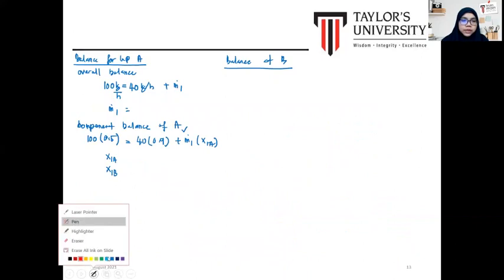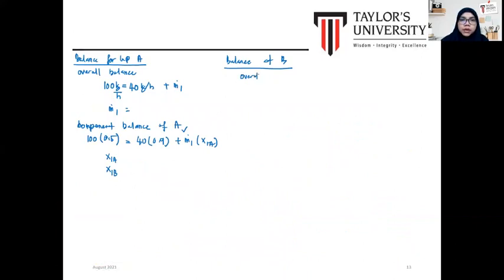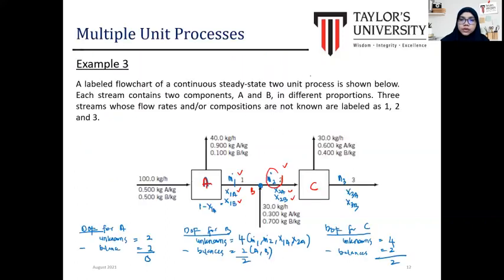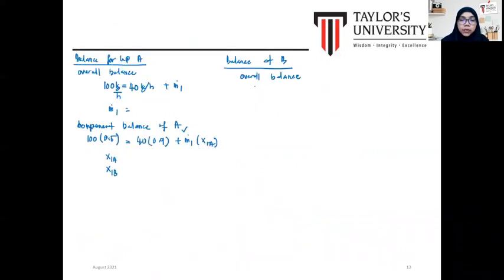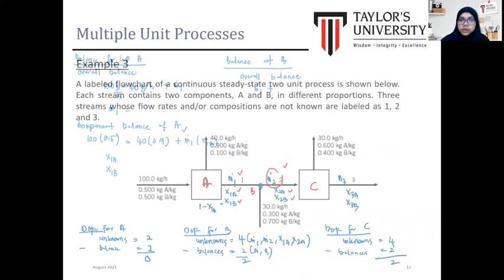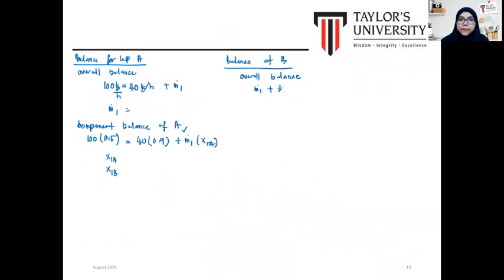Okay, so for B, the step is to perform the overall balance. So you have M2 here, M1 plus 30 equal to M2. So you can determine your M2, right?